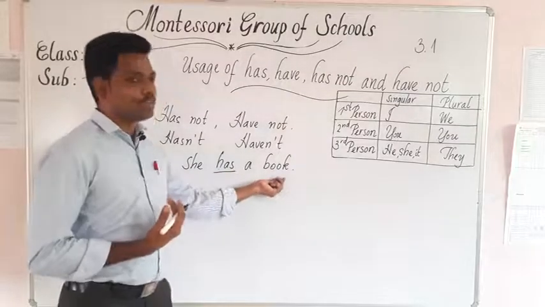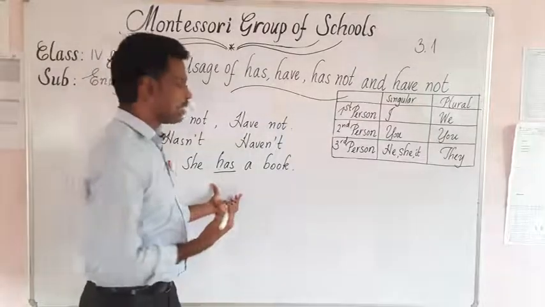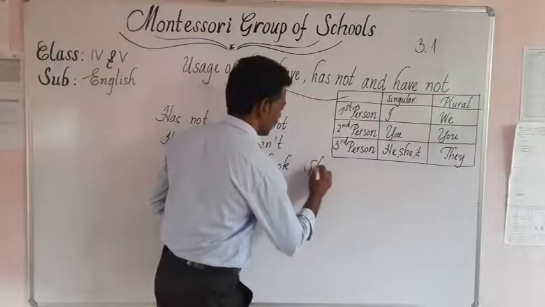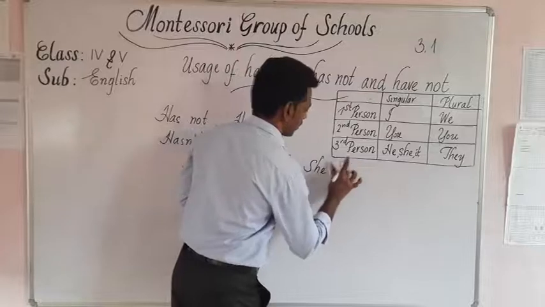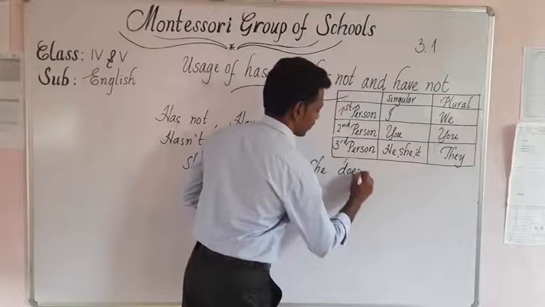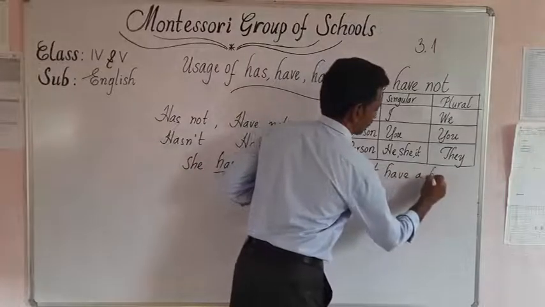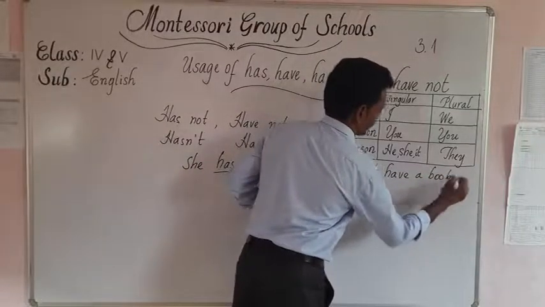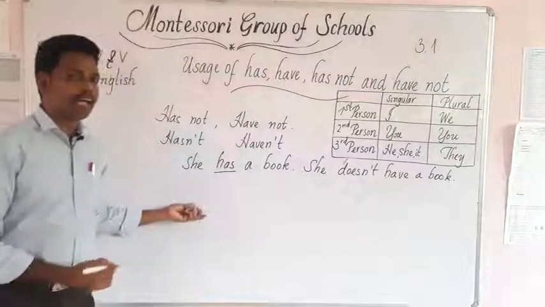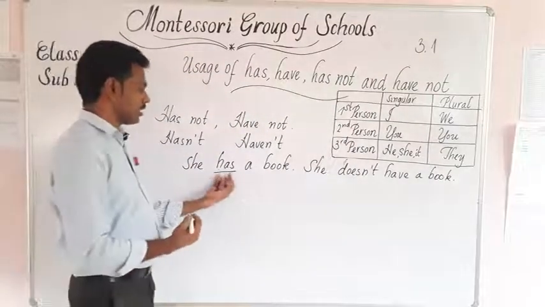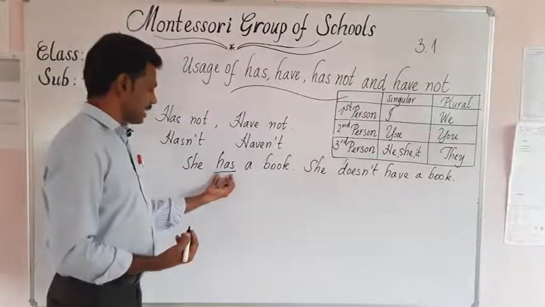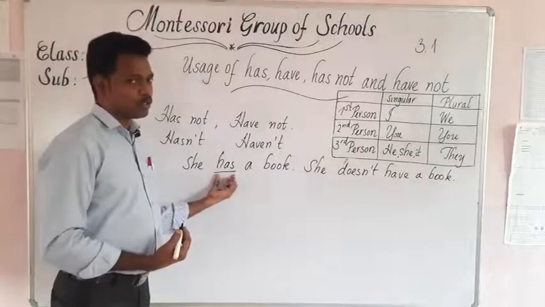What would be the negative form of she has a book? So there, she doesn't have a book. She doesn't have a book because here the word has is standing for possession.